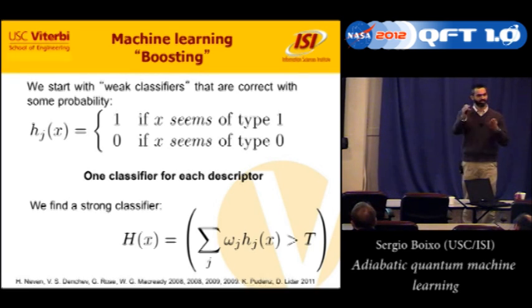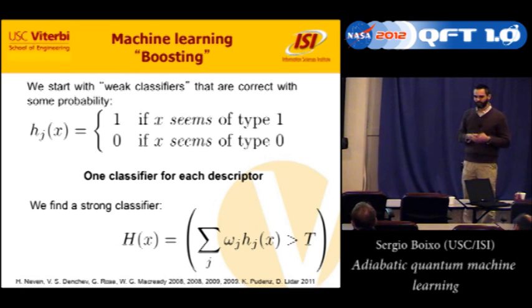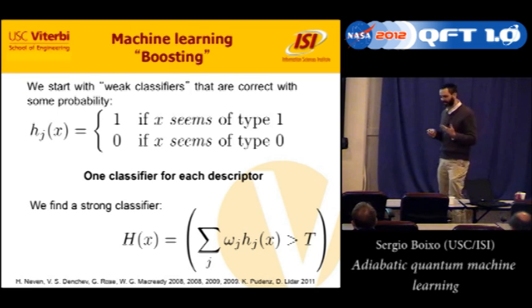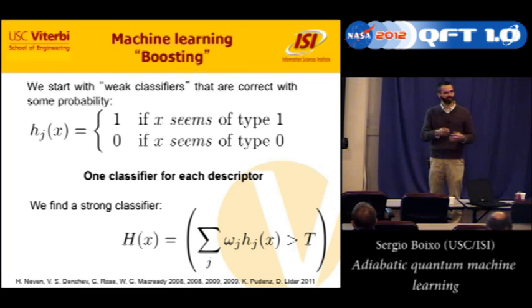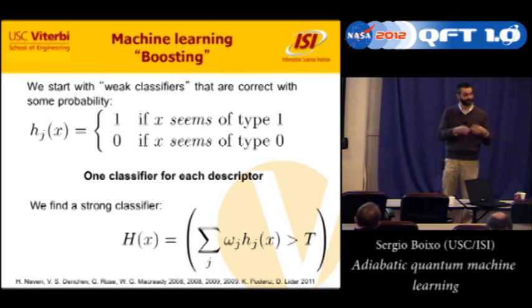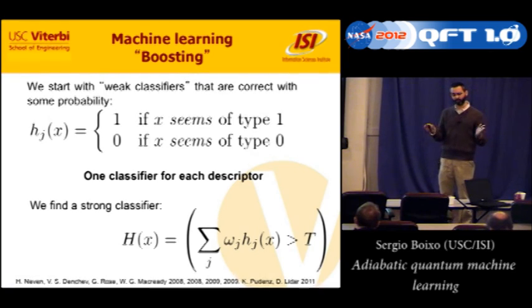And for every one of these descriptors, we build what is called a weak classifier. So what we're actually trying to do first is, instead of just directly fitting with a Gaussian process, we turn the problem into a simpler problem, which is just a binary classification problem where we try to predict if a given molecule is good for organic photovoltaics or not.